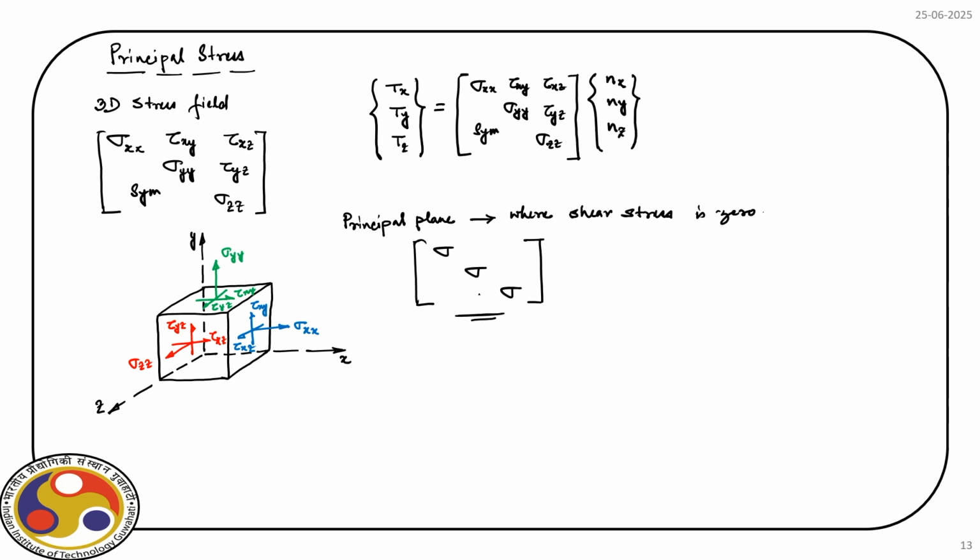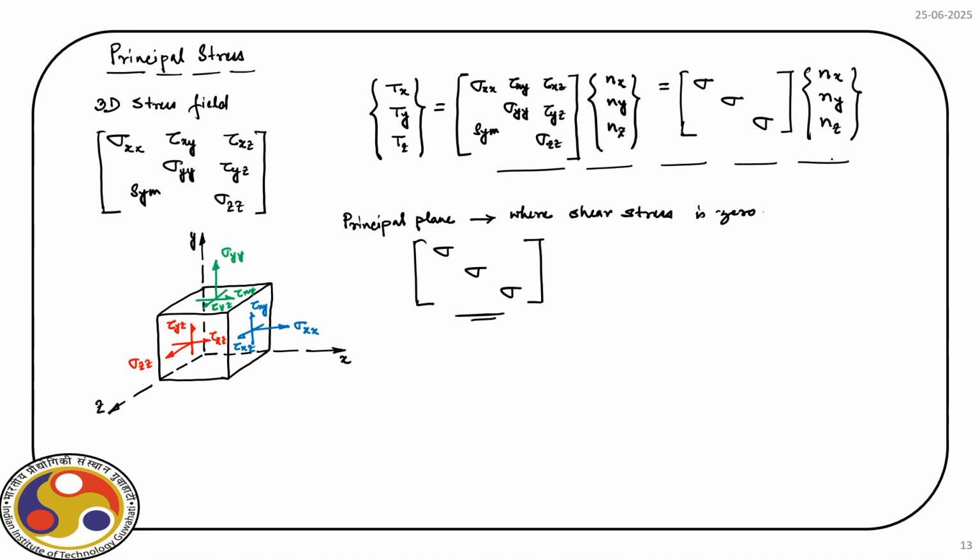If we start with this stress field, then we can still find out the tractions along x, y, z using the same expression, because that will be equal to sigma, sigma, sigma, that is the stress field, and then the direction cosine of the plane remains same, nx, ny, nz. Now, if we combine this expression, you can see this equation. So, from this we can find out the unknown, in this case sigma.